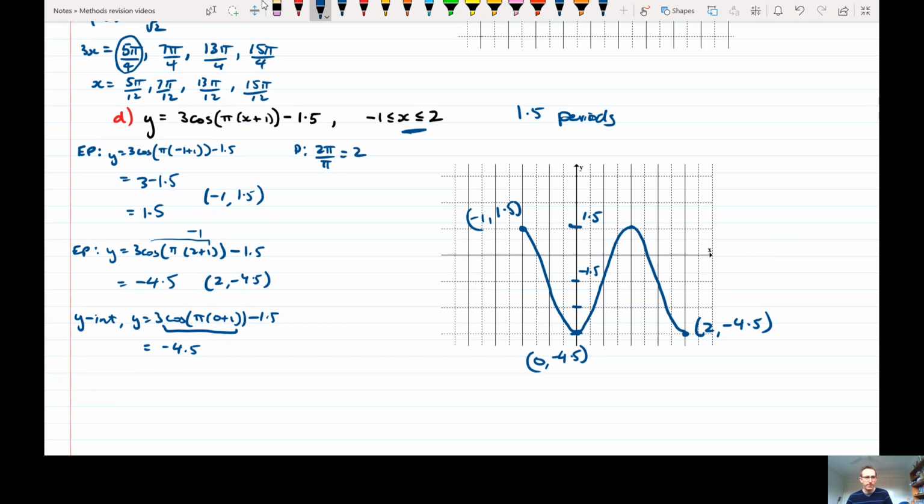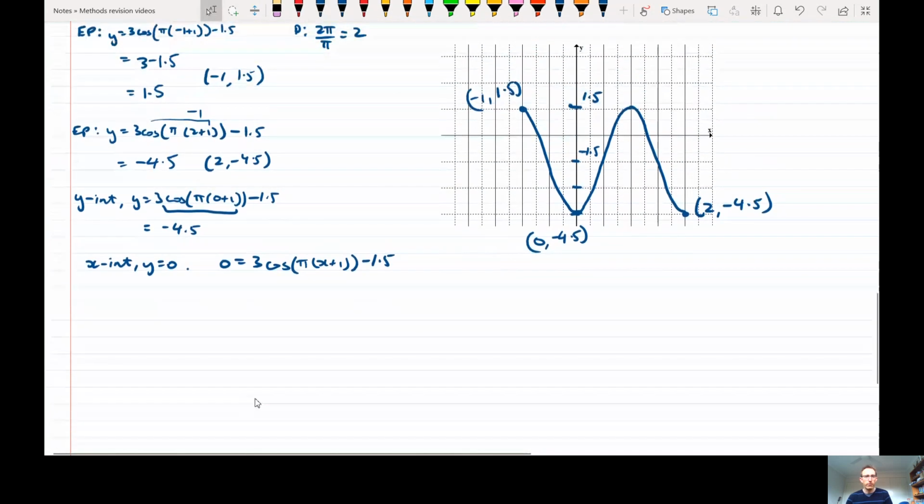Last thing, x-intercepts. So x-intercepts, we know y equals 0. So you have 0 equals 3 cosine pi (x plus 1) minus 1.5. We add 1.5 across and divide by 3, and we get a half. Okay, to solve this now, remember cosine of what is a half?